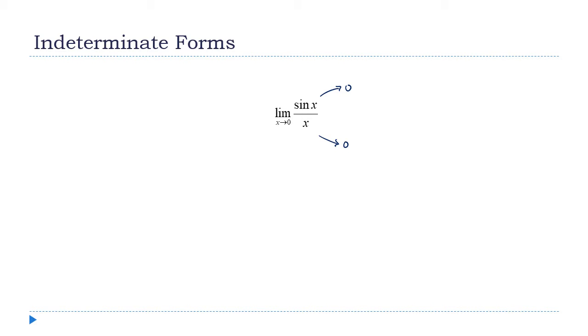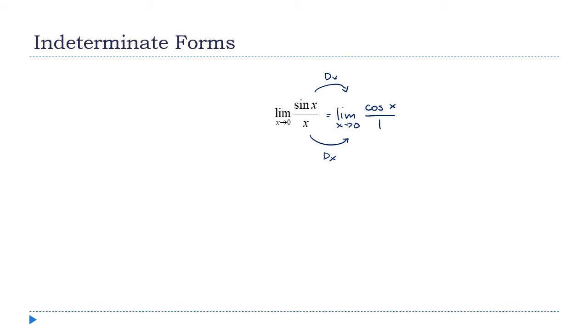To apply L'Hopital's rule, I'm just going to take the derivative of the top and the derivative of the bottom. The derivative of the sine of x is the cosine of x, and the derivative of x is 1. And you see what happened there: the variable that was dropping a 0 into the denominator just went away.